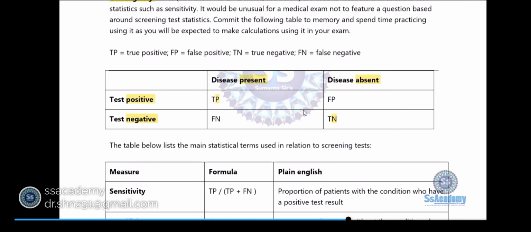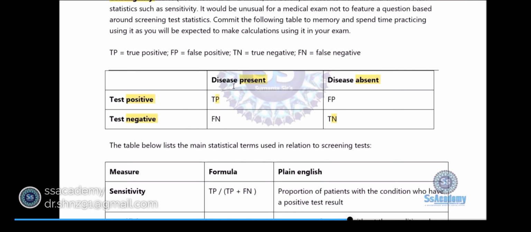We need test positive, test negative, disease present, disease absent. We put the true positive here, and here is the true negative. Of course, this is the false positive: the test is positive but the disease is absent. And the false negative: the test is negative, but the disease is present.